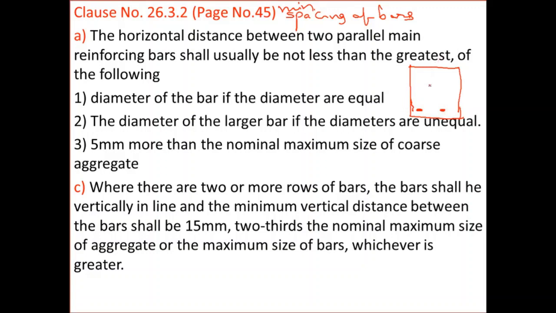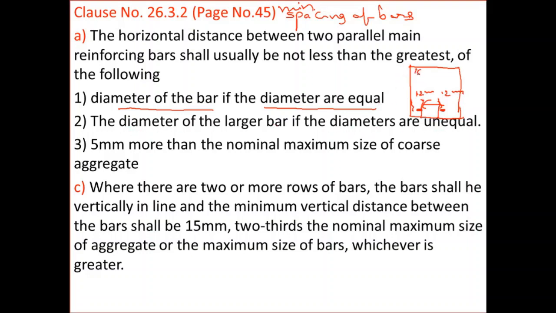Now whatever the clear distance between the bars is, this distance should be the maximum of the diameter of the bar if the diameters are equal, let us say this is 12 mm and this is also 12 mm, or else the diameter of the larger bar if the diameters are unequal.